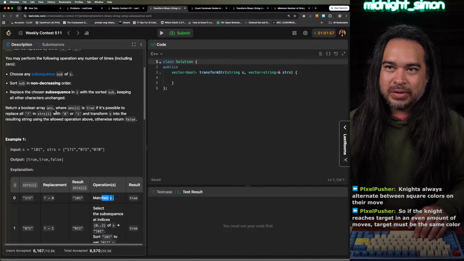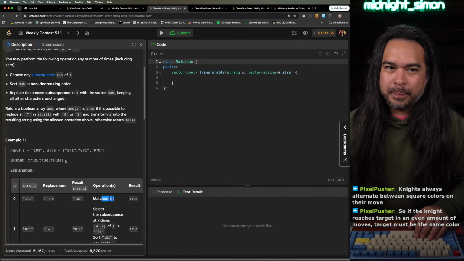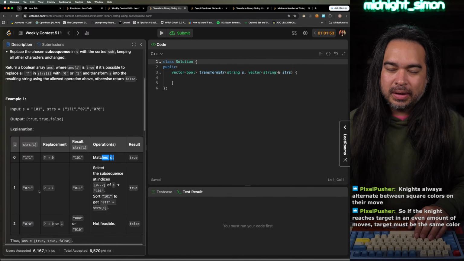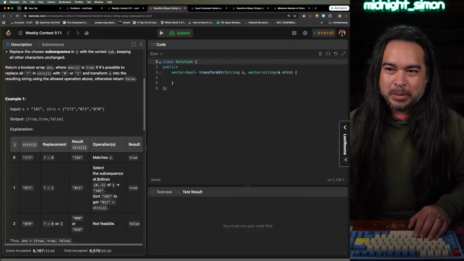Why are you talking about sorting though, man? 0 question mark 1. 0 1 1. Select the subsequence at indices.